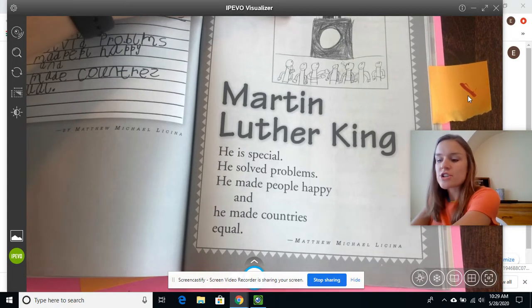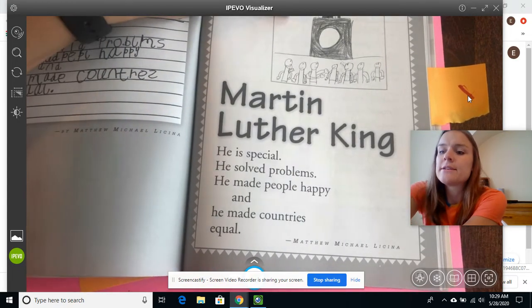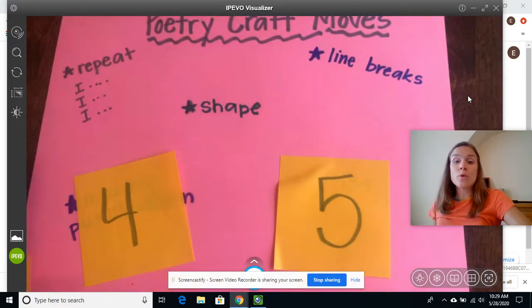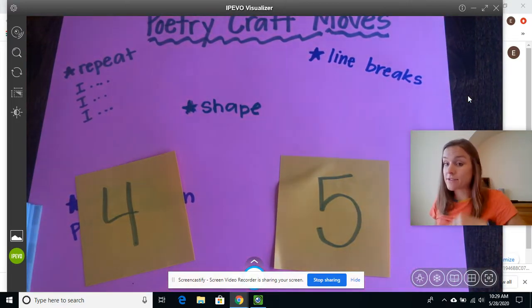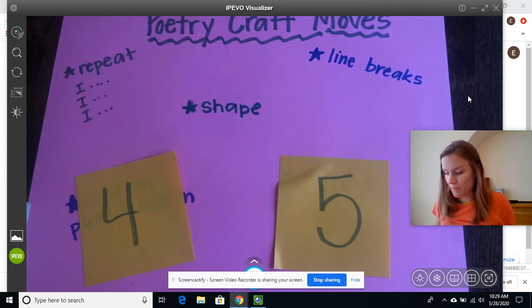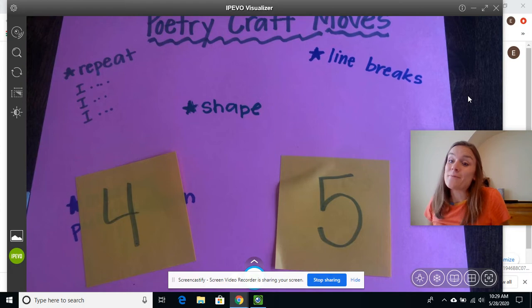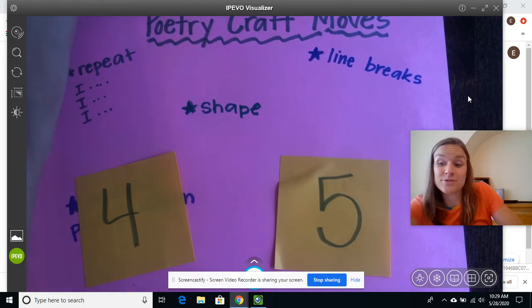You can use the shape of your lines to make your poem even more crafty. So you don't have to just write line after line after line. That's the fun thing about poetry. This one is one of my favorite poetry craft moves.